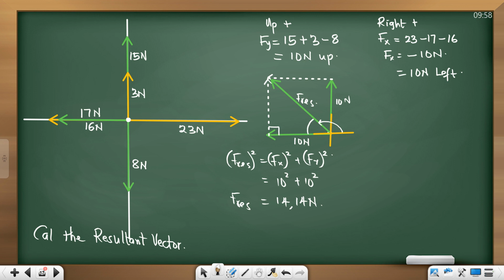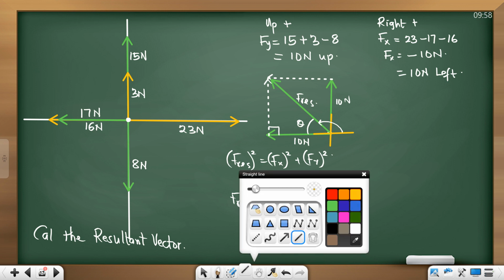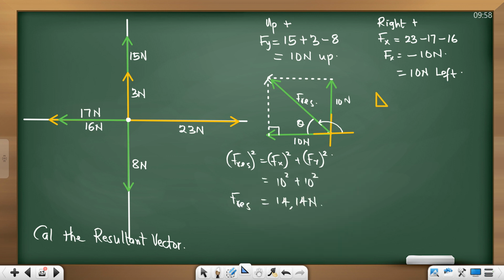That is inside my right-angle triangle. Does that make sense to you, everybody? So let me draw this out so that you're not confused with what I'm saying. This is what we have. F resultant, 90 degrees, Fy, and Fx. And we are looking at that angle at the moment, that we can quickly get from our trig ratio. Is that fine?